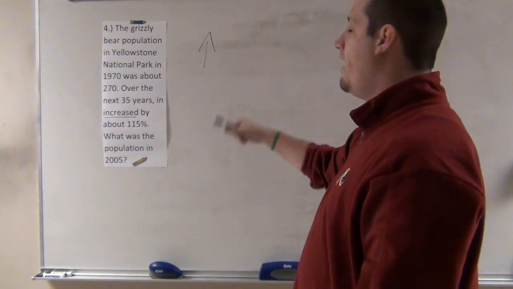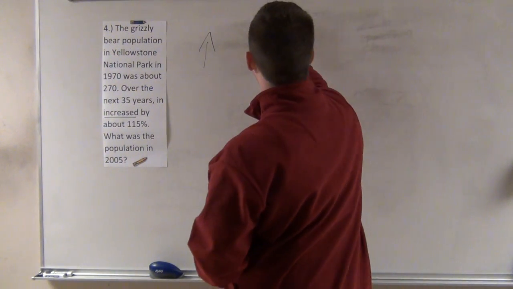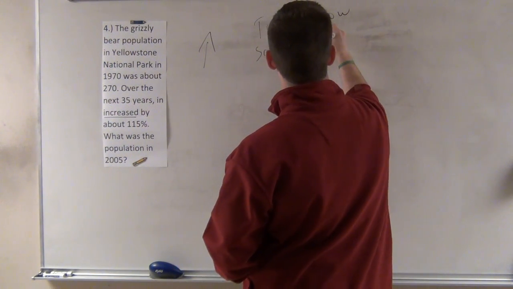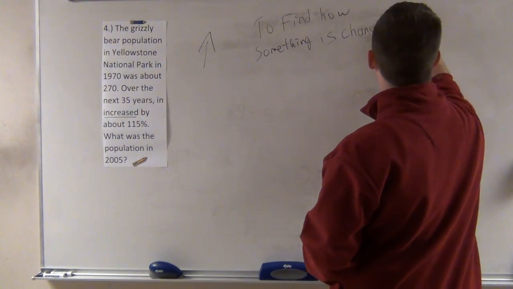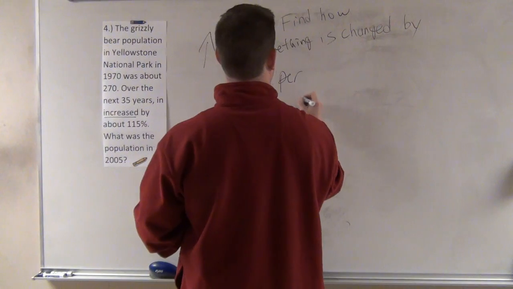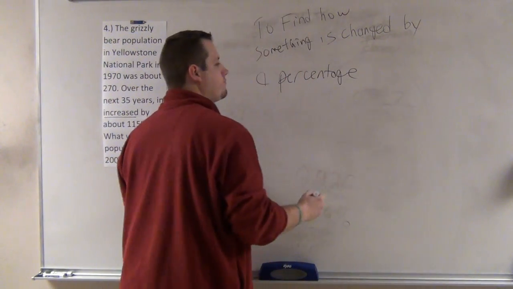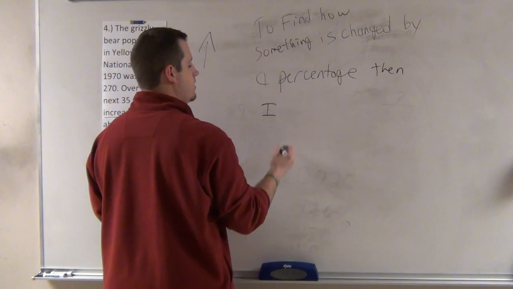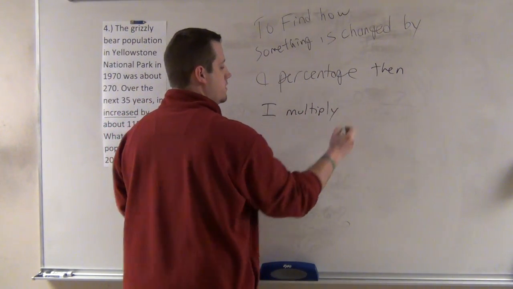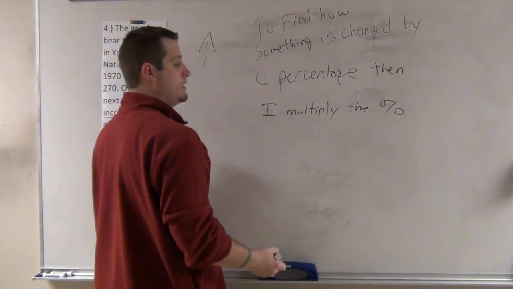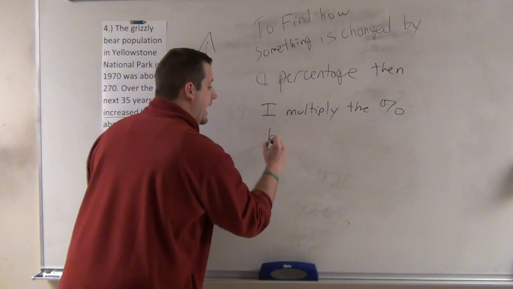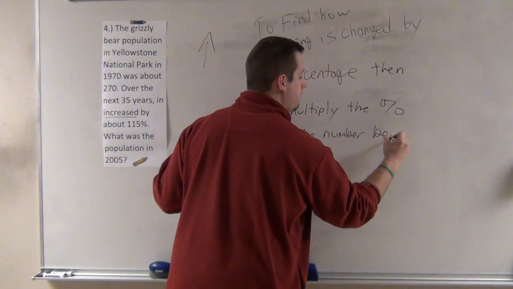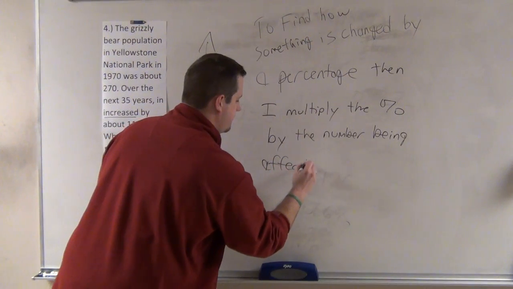All right, so if I want to find how something is changed by a percentage, I multiply the percent, that's going to be the one that's given to me, by the number being affected.